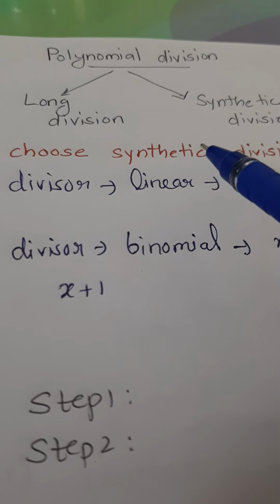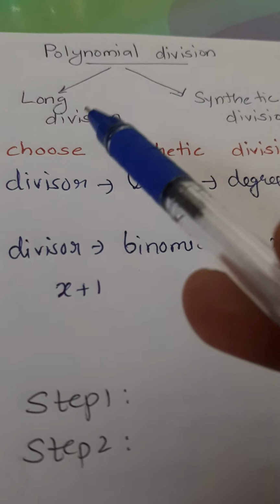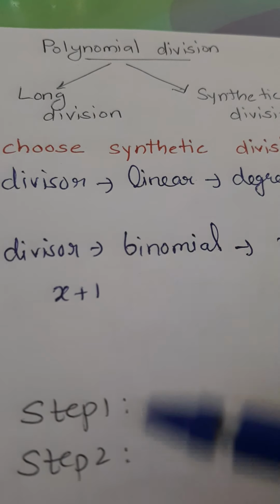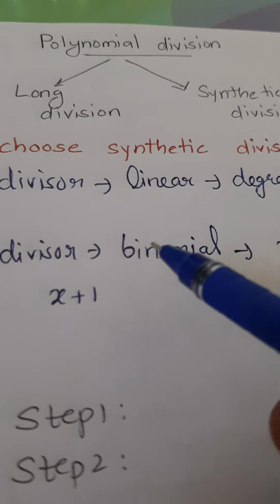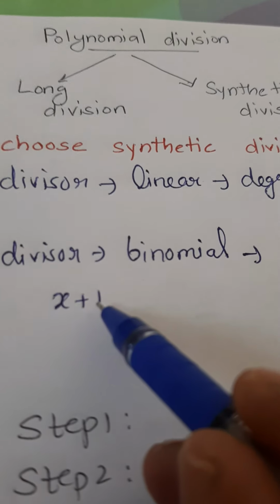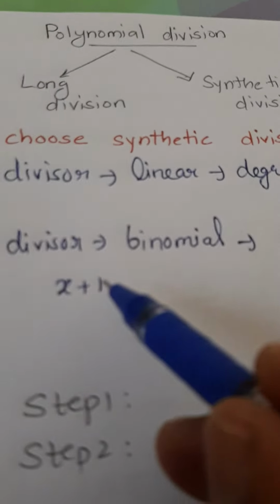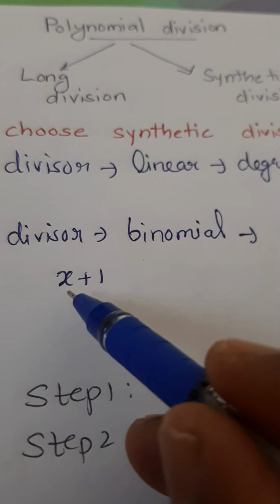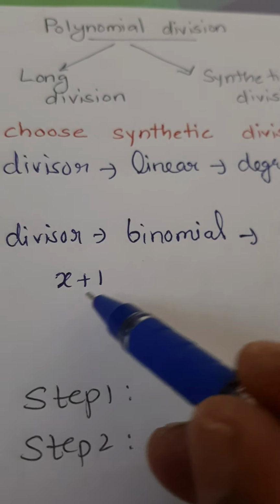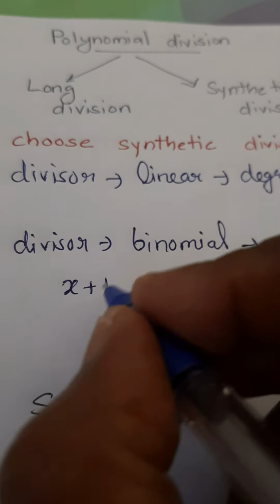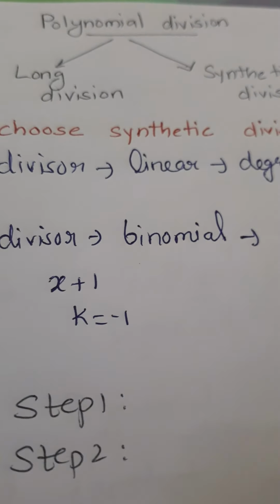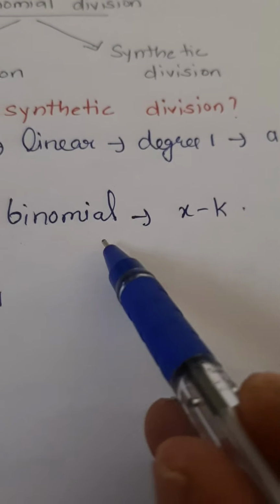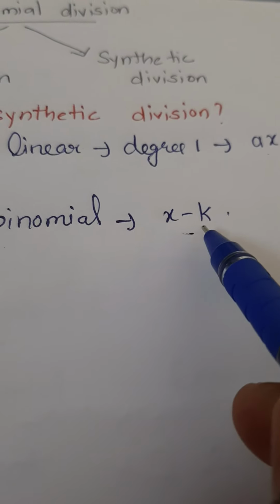Why you should choose it and what the benefits of synthetic division over long division are, we will see later on. Here, x plus 1 is a linear polynomial and the leading coefficient is 1. In other words, x plus 1 is a binomial where the value of k is minus 1, because a binomial is represented in the form x minus k.